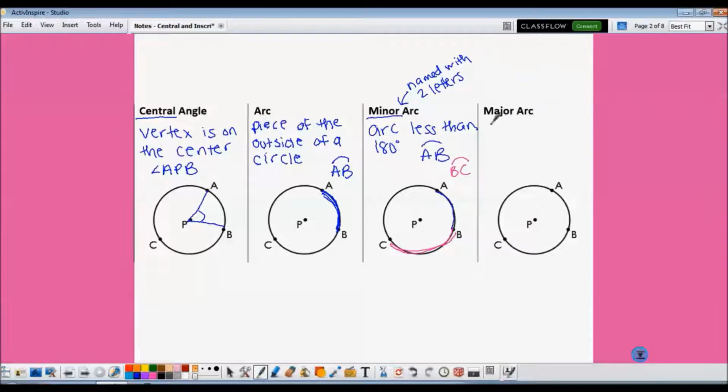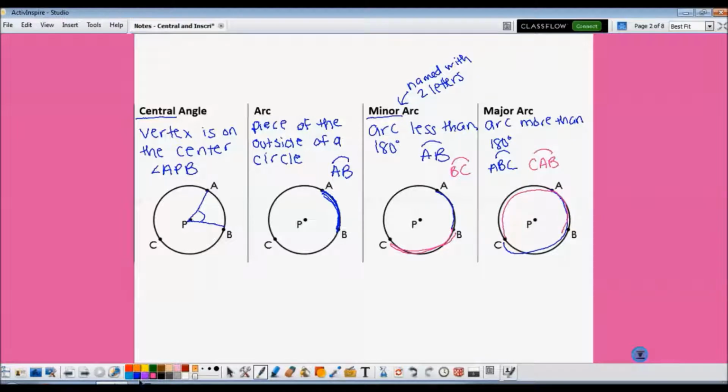A major arc is an arc that's more than 180 degrees. So it would be something like arc ABC, or it could be arc CAB.